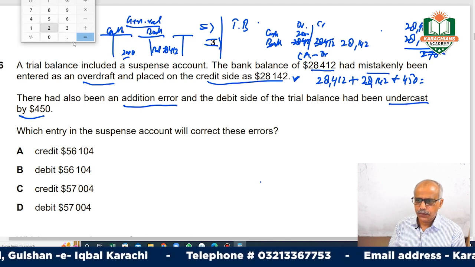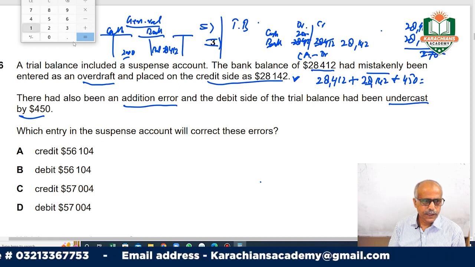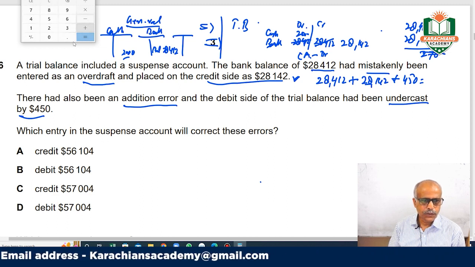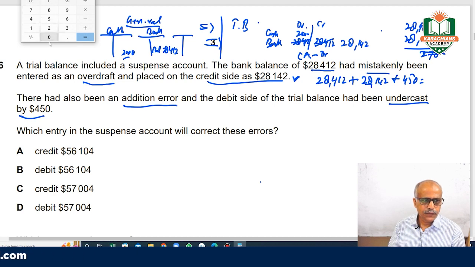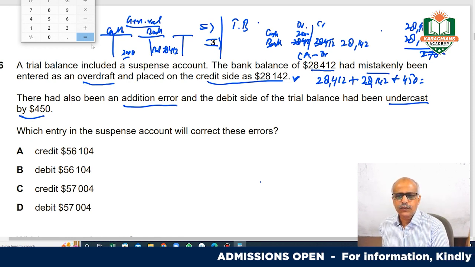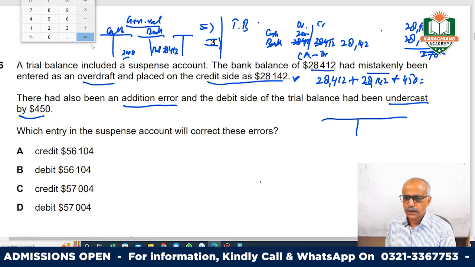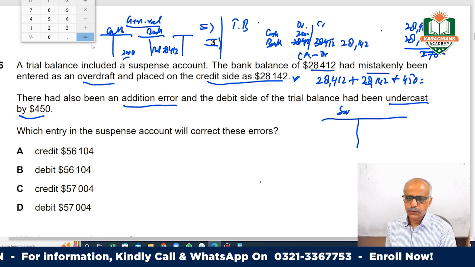If you see the total, how much is your debit side, how much is the mistake? 28,412 plus 28,142 plus 450. While you were agreeing your trial balance, this was the difference, and you put this difference in your suspense account.